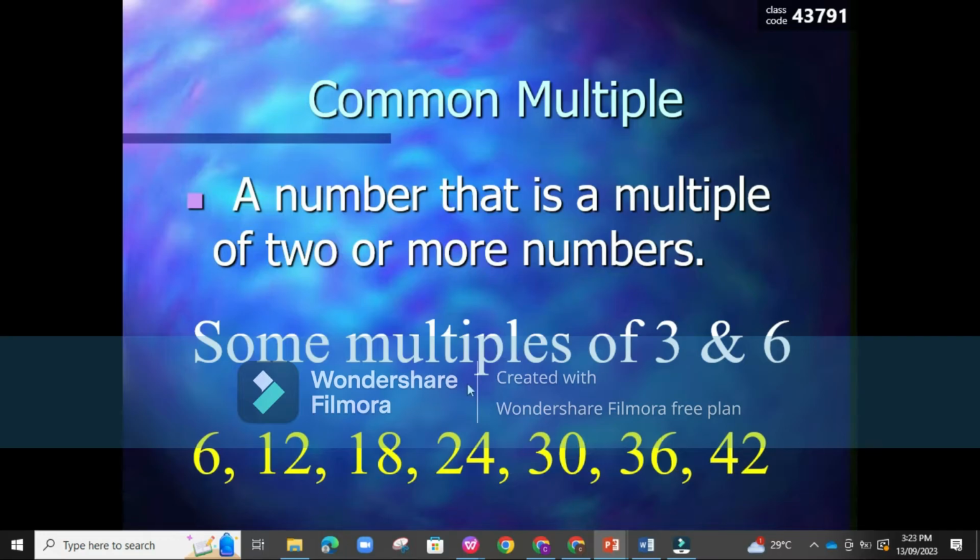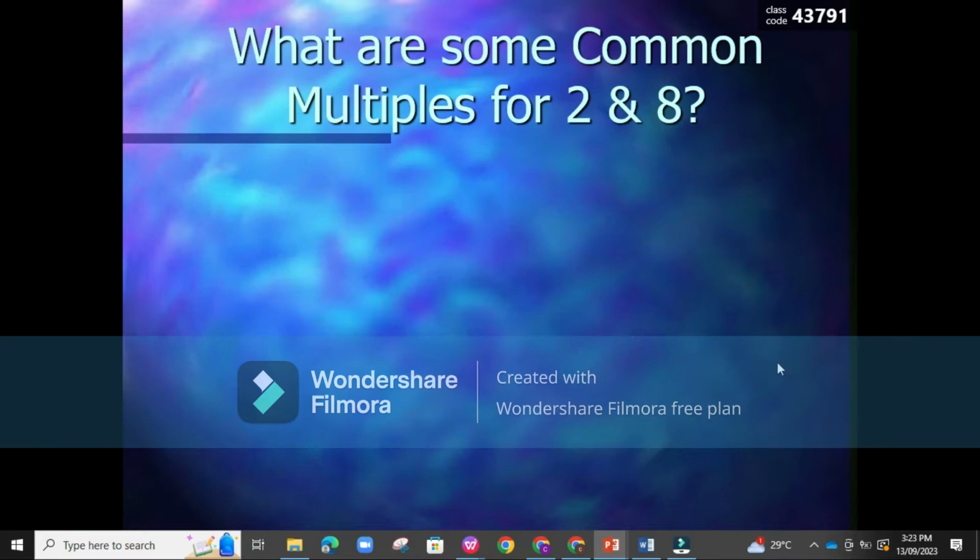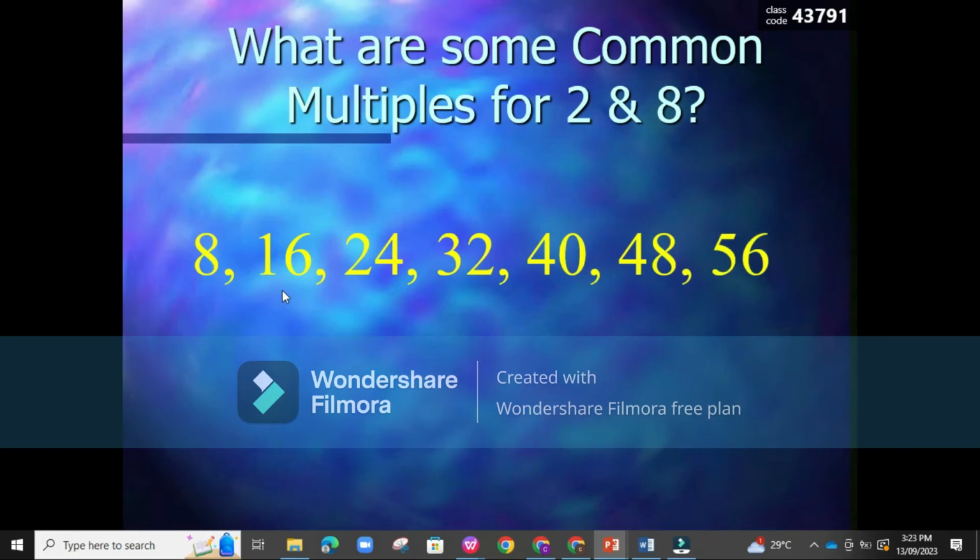These are the common multiples of 3 and 6. What are some common multiples of 2 and 8? We have 8, 16, 24, 32, 40, 48, and 56. This set of numbers is exactly divisible by both 2 and 8, so they are common multiples of both.